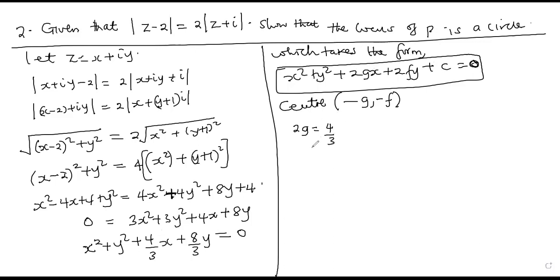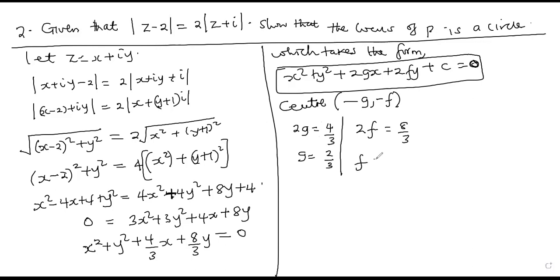This one will give you your value of g as 2 out of 3. Okay, then when you compare the coefficient of y, here we shall have 2f is equal to 8 out of 3.